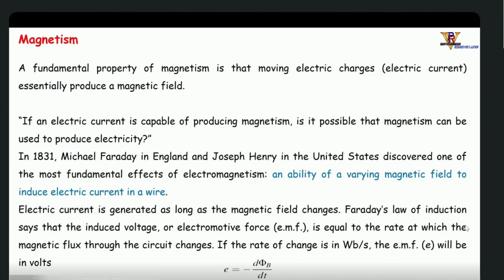So Faraday's law of induction says that the induced voltage or electromotive force is equal to the rate at which the magnetic flux through the circuit changes. If the rate of change is in Weber per second, the EMF will be in volts and it will be given as E equals minus d phi by dt. This is d phi B, the magnetic flux. So the rate of change of magnetic flux equals the electromotive force, that is the induced voltage.